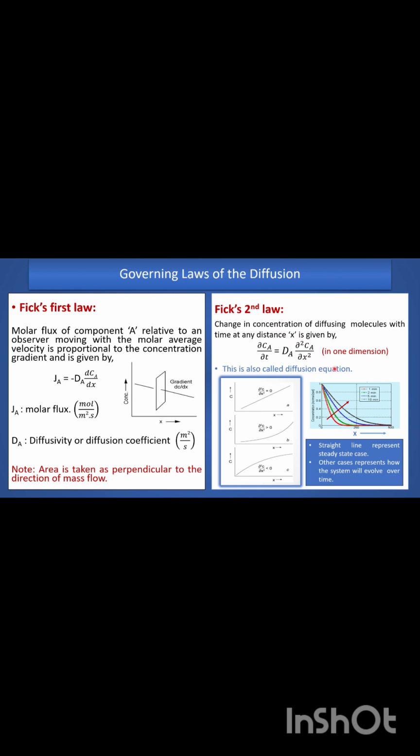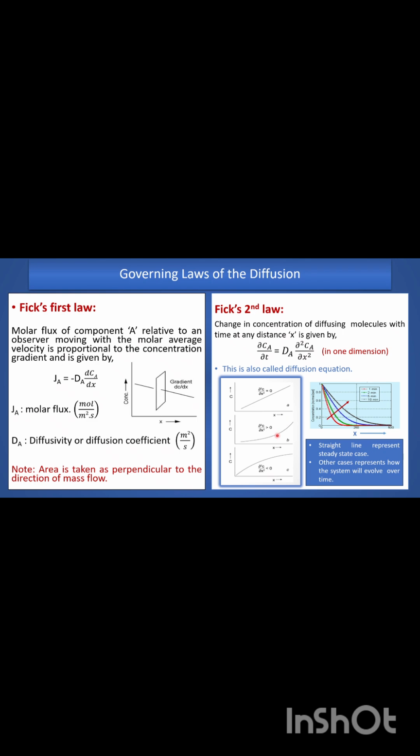It finds application in material science, pharmaceutical industry, and food science. When the right hand side of this equation, that is ∂²C_A/∂x², is equal to 0, then it becomes a steady state case, and this equation is converted into Fick's first law.